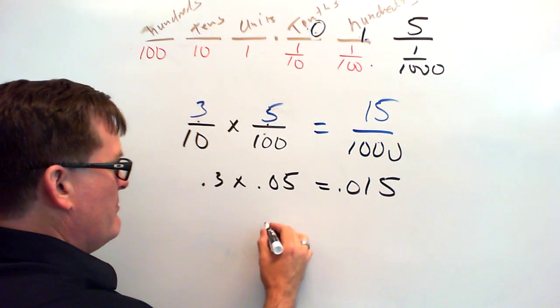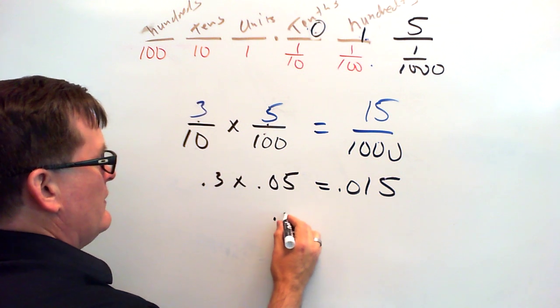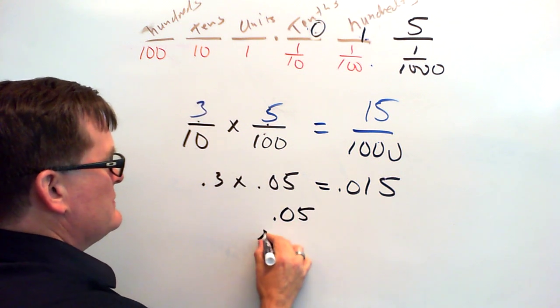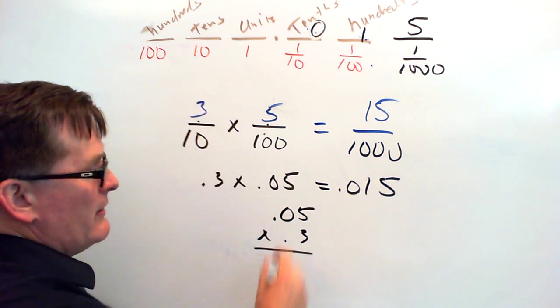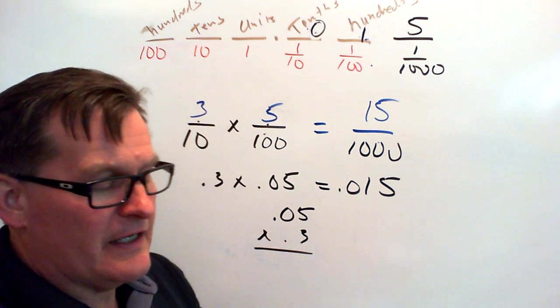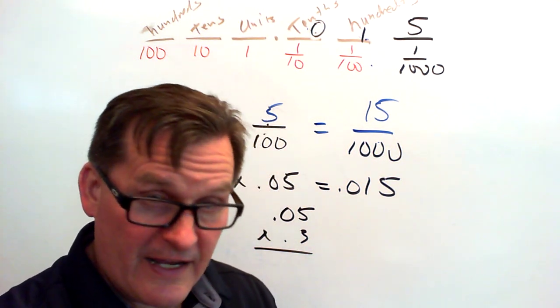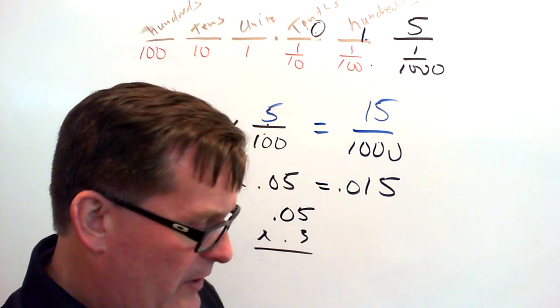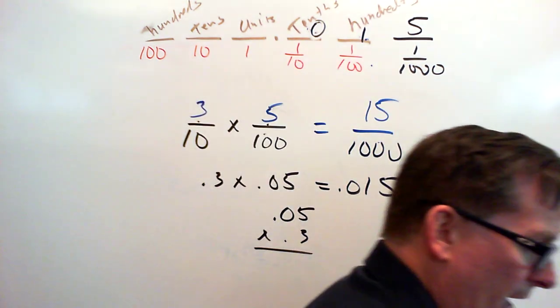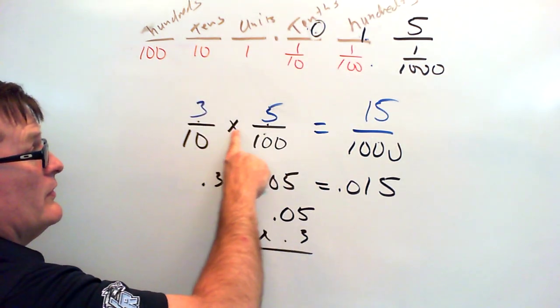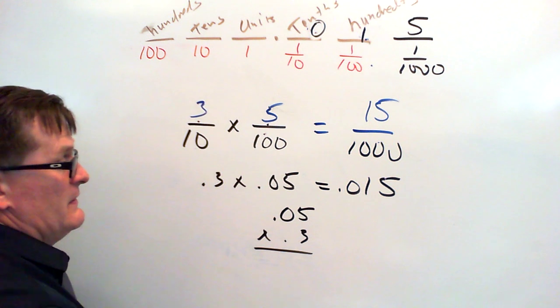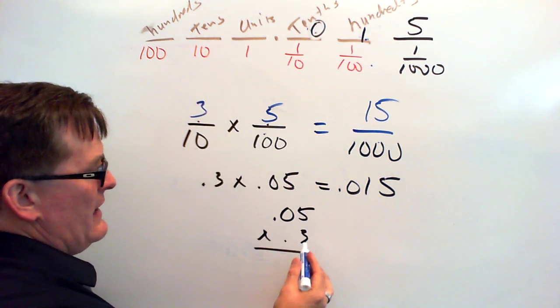So as a standard method now, I have 0.05 times 0.3, and I'm not going to worry about lining up decimals. Again, you may have gone through that process, and that's fine. Nothing wrong with that, but for our processes, we're going to skip that part and just use the rule, knowing that we've proved it works. You should be able to prove something works in math always.